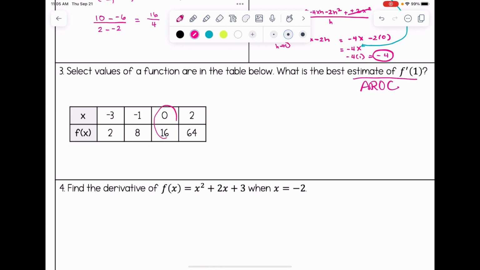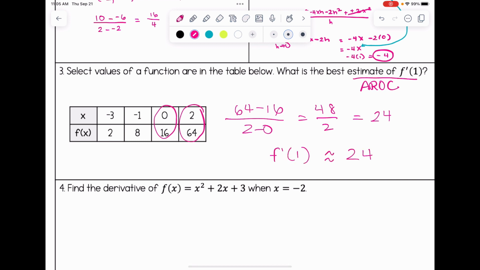So let's pick something to the left of 1 and something to the right of 1, and we're just going to calculate the slope. 64 minus 16 over 2 minus 0 gives me 48 over 2, or 24. So we can say the derivative at 1 is approximately 24.